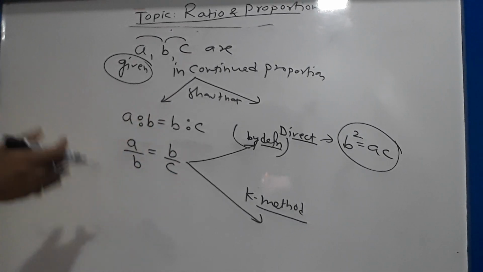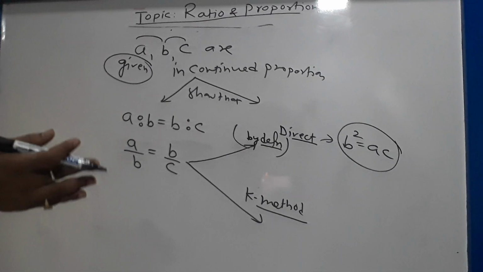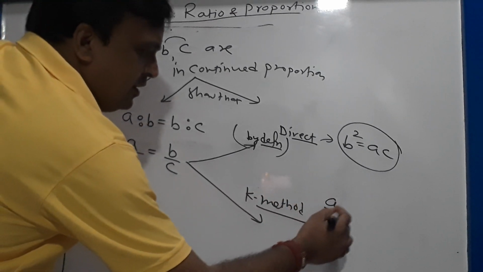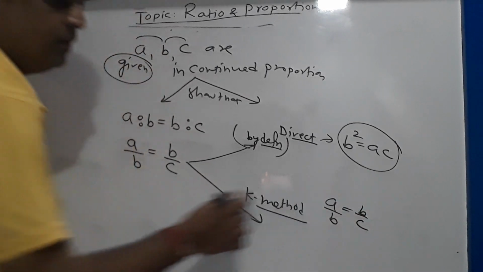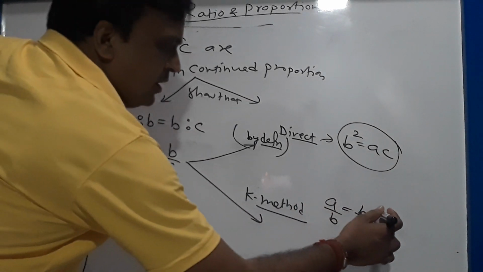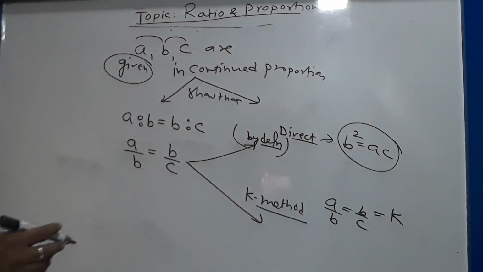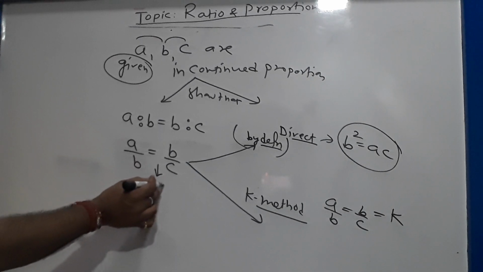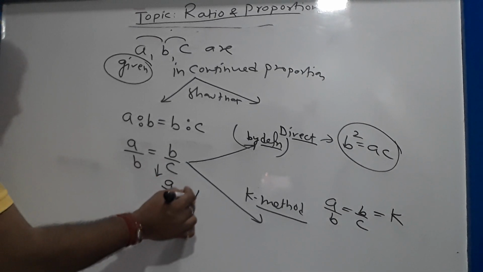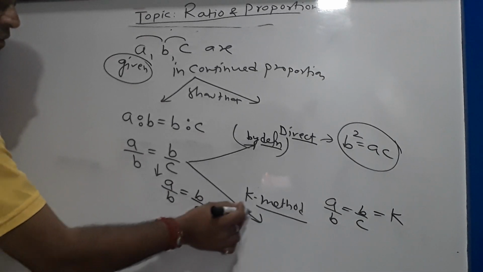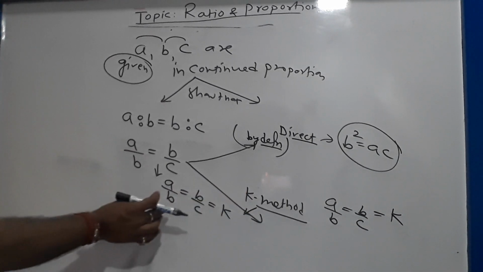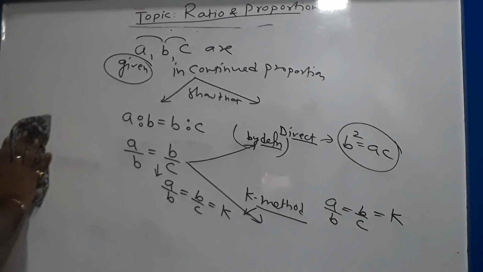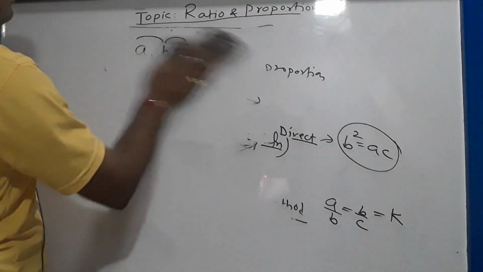Since both the ratios are equal, both will be equal to one common number K. A upon B is equal to B upon C is equal to K. Correct? So both the ratios are equal to one common number K.